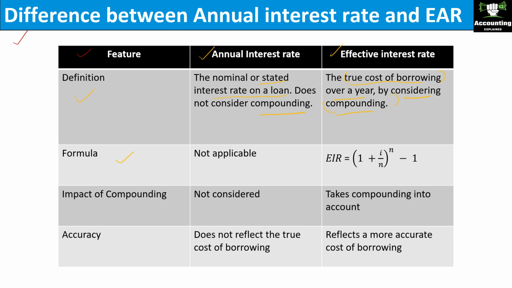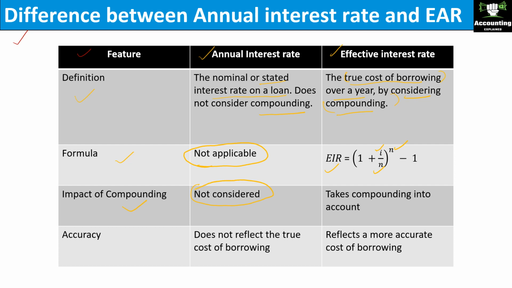Formula: since the annual interest rate is already fixed by the lender, there is no formula for calculating it; it is the nominal interest rate provided by the lender. EIR is equal to (1 + i/n)^n - 1. Just now we saw that i is the nominal interest rate and n is the number of periods. Impact of compounding: not considered in the annual rate, as it is provided by the lender and is not changeable.